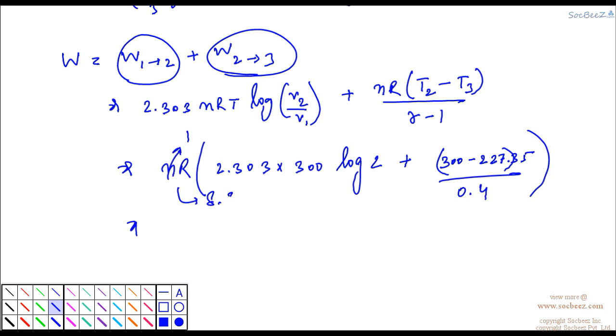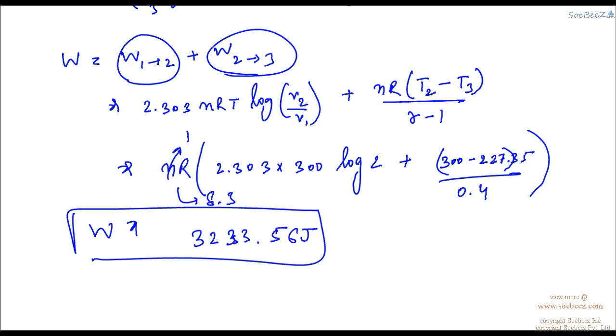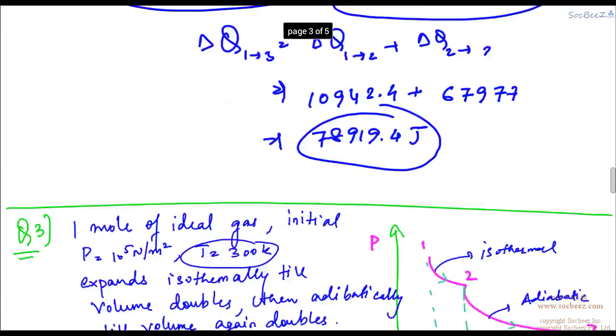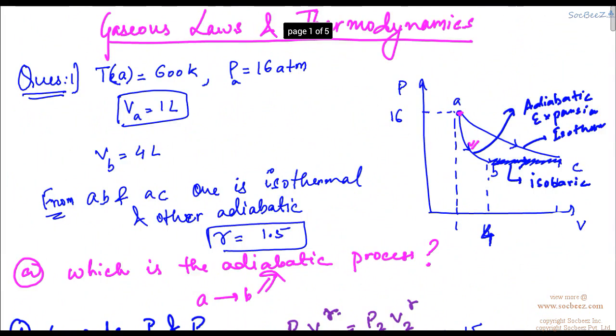If n is given to us as 1 and R is given as 8.3, using these values we can find the total work done as 3233.56 joules.